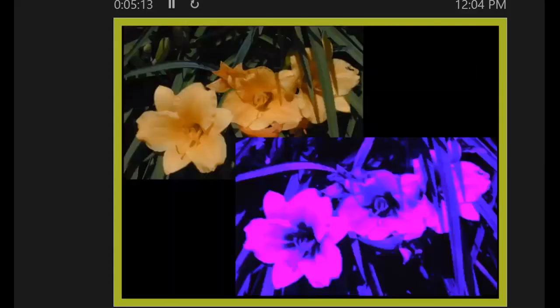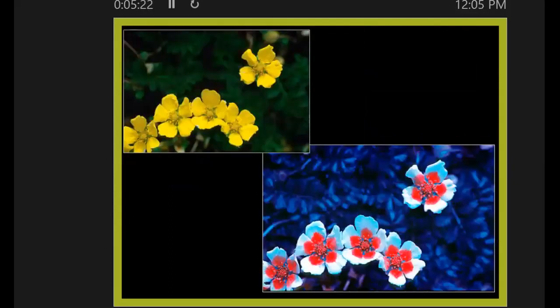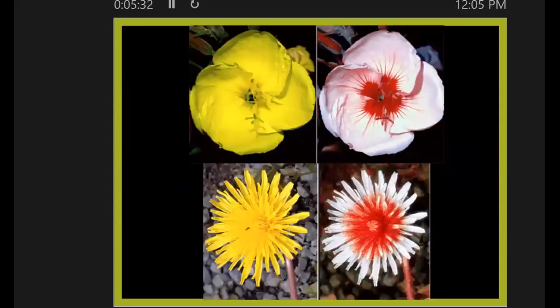What we see on the upper left, they see more of a purplish hue in this case. Here's another one. We see primarily just yellow, but bees see a very different pattern in color. So really stunning in the differences, because we have very different ways of visualizing compared to bees. Again, we see the yellow primarily, and they see the white and dramatic red center.